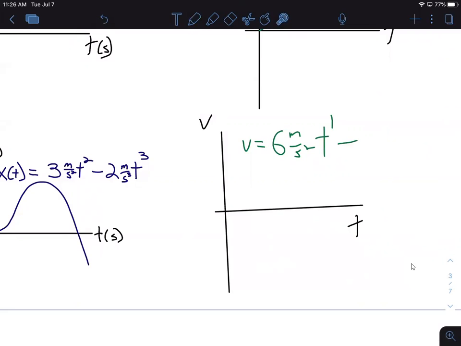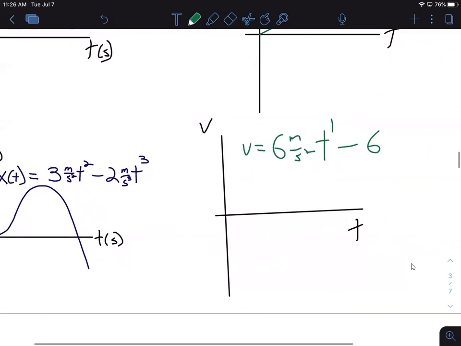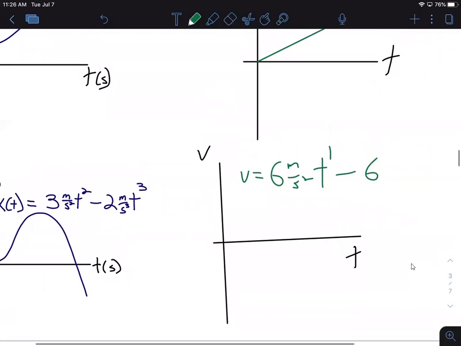Here I've got a 3, so I'm going to do 3 times 2, 6 meters per second cubed. This is the unit of the derivative of acceleration, the rate of change of acceleration, by the way. It's known as the jerk in physics. T squared, because 3 minus 1 is 2.